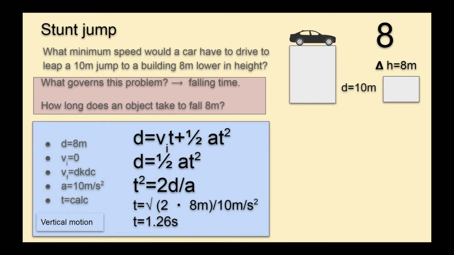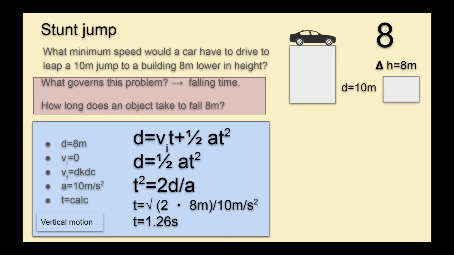And we get, fortunately, a situation where the quadratic disappears. Because the VIT term is 0, we're just left with D equals 1/2 AT squared. Rearrange, and we get time is the root of 2D over A. And that leaves us approximately 1.26 seconds to fall to the next building.